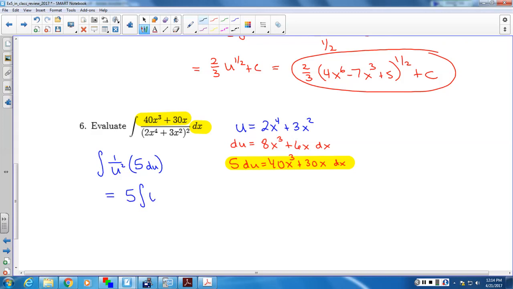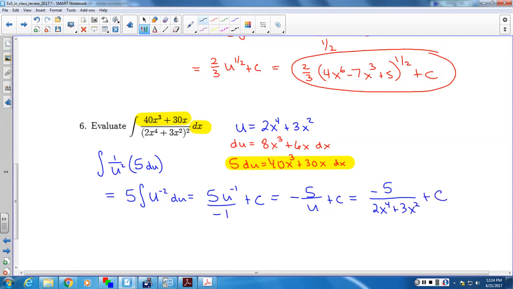I can take that u squared up to the top and make it u to the negative 2. And now I'm going to integrate. So I'll get 5u to the negative 1 divided by negative 1 plus c. That's negative 5 over u plus c, which is negative 5 over 2x to the 4th plus 3x squared plus c.